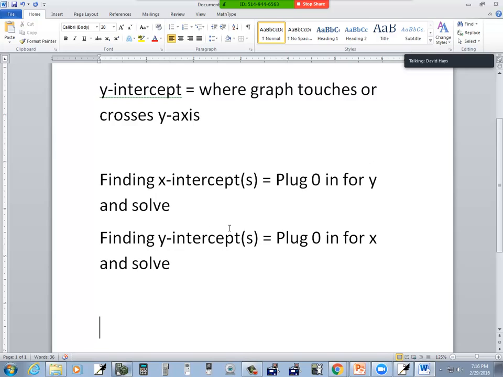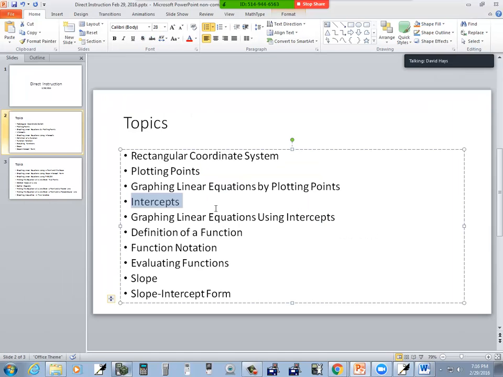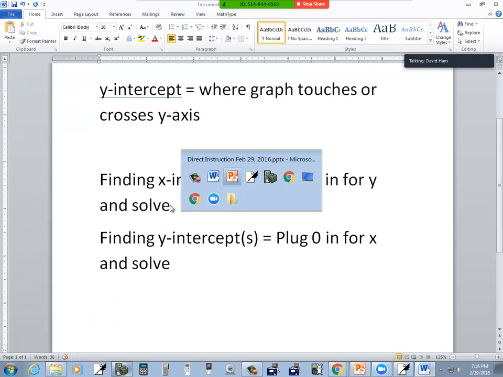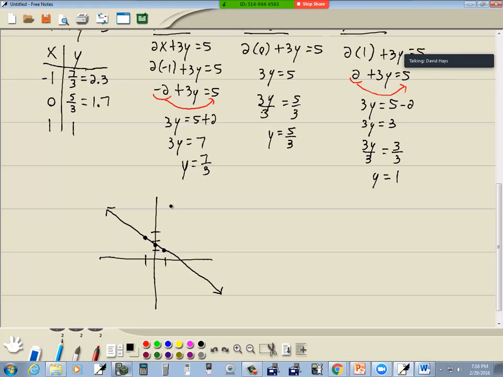So let's take a look at an example of finding the intercepts, and then we'll take a look at graphing using intercepts. Now, finding intercepts by themselves would be, let me clear off my tablet.